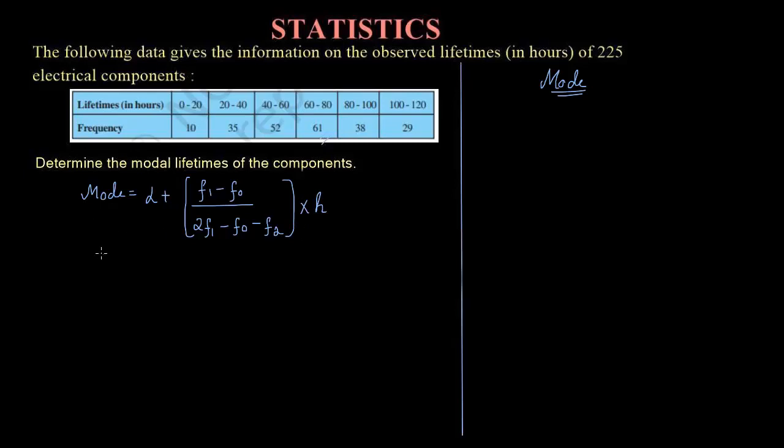Before that, let me just tell you how to find the modal class. Modal class is the class having the highest frequency. So you can observe this is the frequency row, and the highest frequency in this one is 61. So what is the modal class? The modal class is 60 to 80, right?